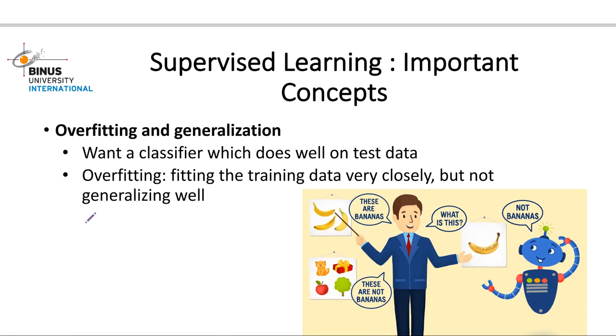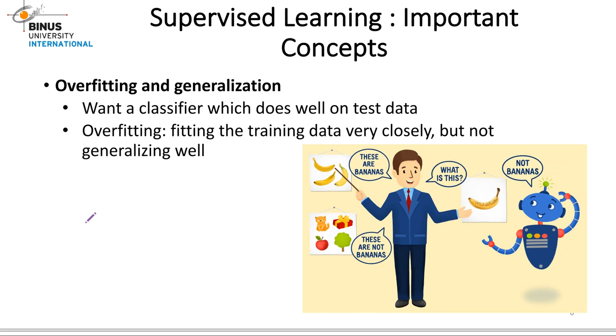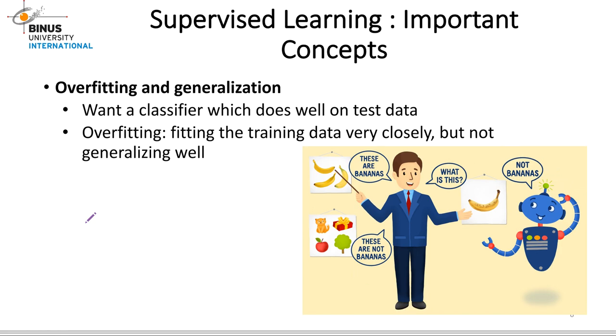Now, how about overfitting? Overfitting means your model is too good for the training datasets. That's why it cannot differentiate, it cannot see clearly how your new data can be classified. Okay, for example, this is called overfitting.